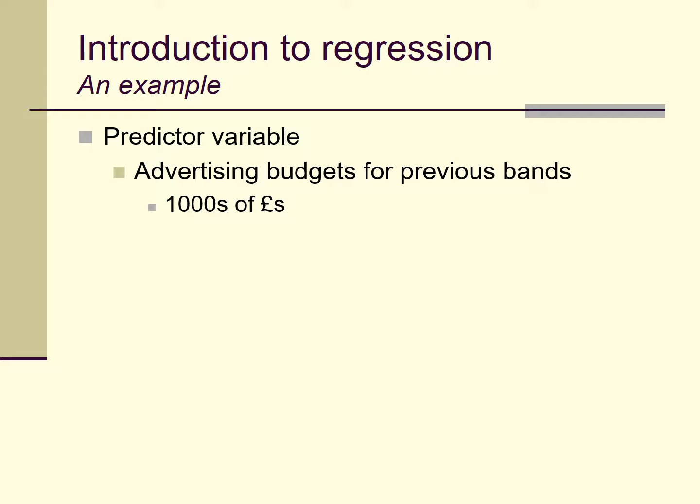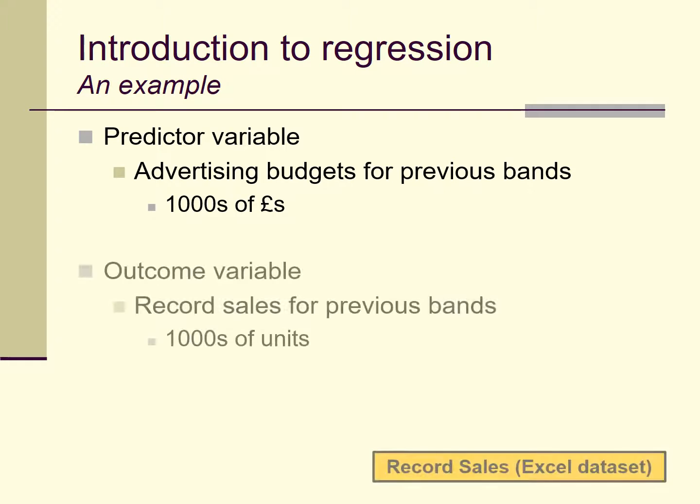And because the author of the textbook is British, so I guess this is a British example, the variable is in a metric of thousands of pounds of currency. The outcome variable is record sales of these previous bands in thousands of units, whether that's records sold or downloads downloaded or whatever.